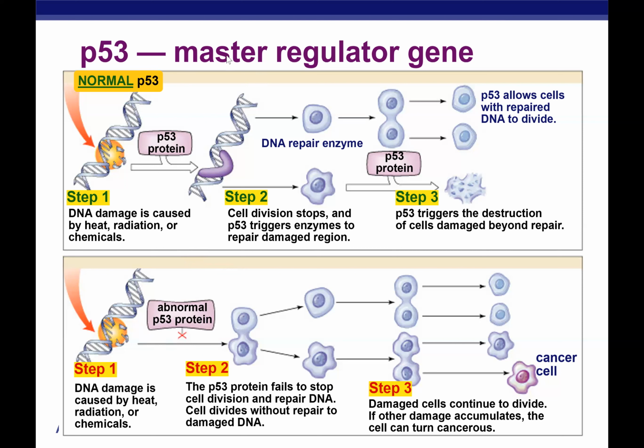So P53 has been regarded as a master regulator gene for cell division, because it stops a cell from dividing, or keeps all the non-dividing human cells in the state of non-division.